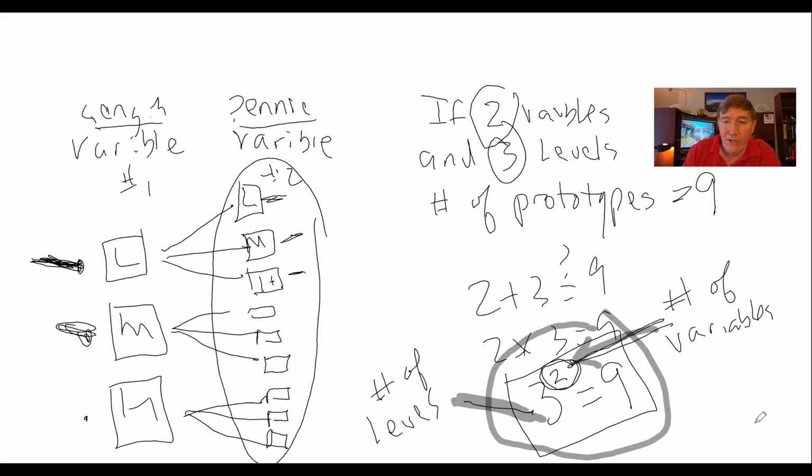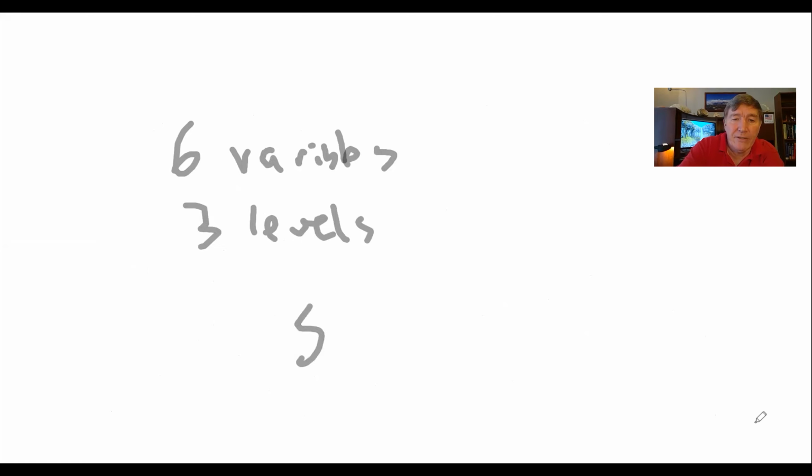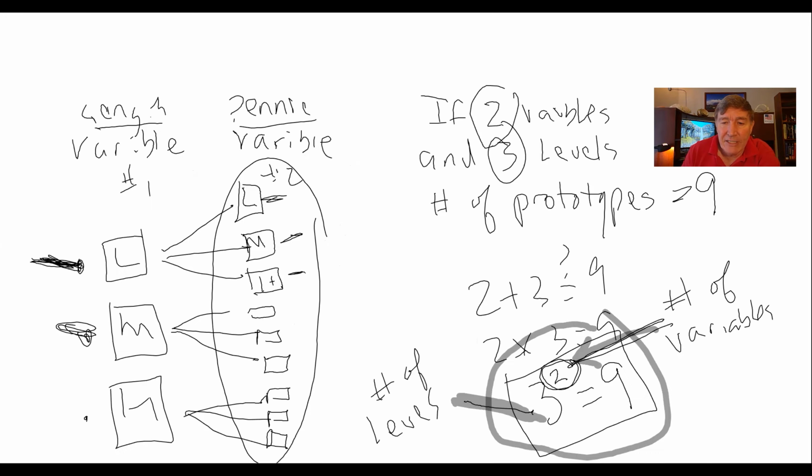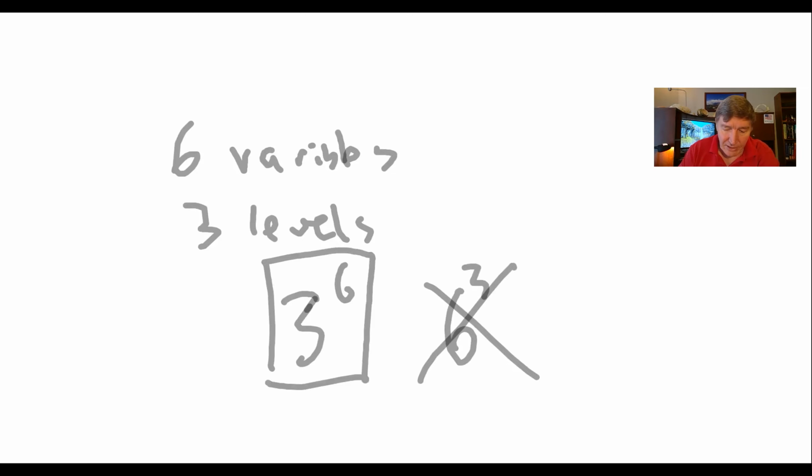So if we've got 6 variables and 3 levels, we could either do 3 raised to the 6th power, or 6 raised to the 3rd power. Looking back, the base is the number of levels, so we do not want to do 6 to the 3rd power. We want to do 3 to the 6th power. So 3 to the 6th power is 729.